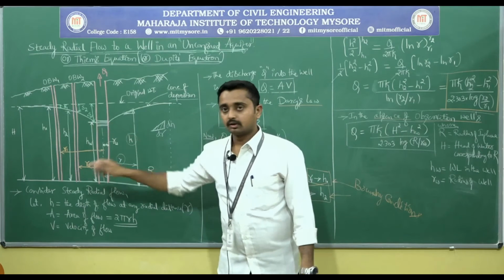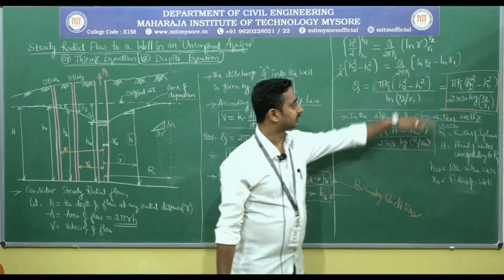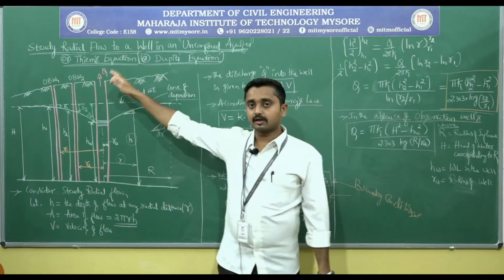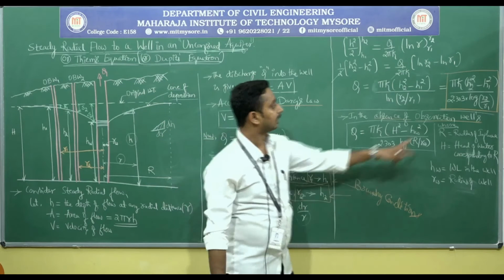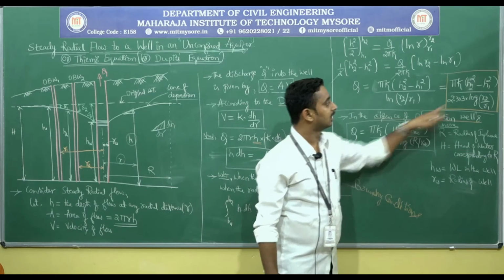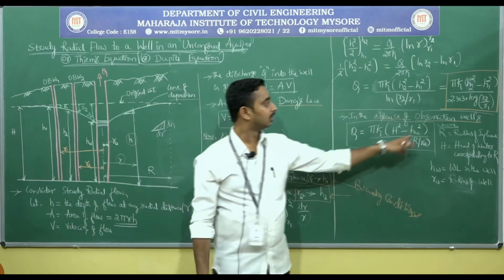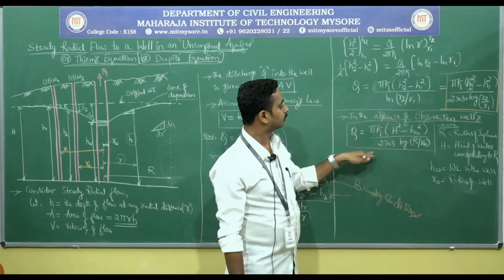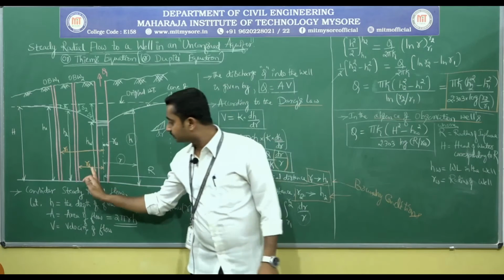Please remember, there is no observation well. This is the equation for steady radial flow in case of an unconfined aquifer. Replace h2 by capital H and h1 by hw. Everything same, divided by 2.303 log of r2, the radius of influence.